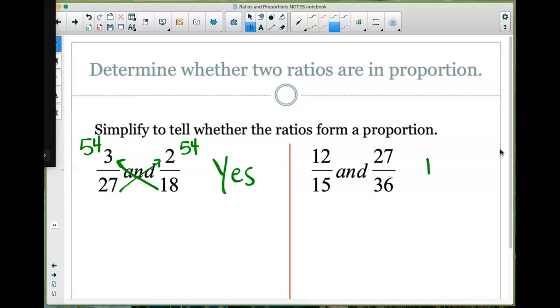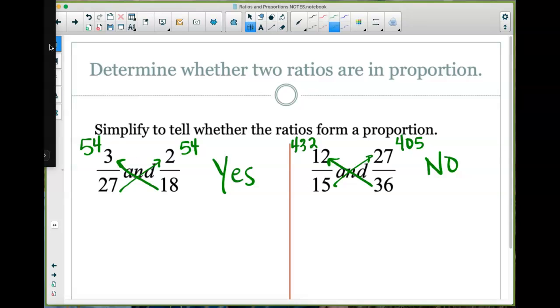Okay, and this time I'm getting everybody saying no, they're not a proportion. 15 times 27, if I do the cross products, is 405. 36 times 12 is 432. So no, they are not. Questions there?